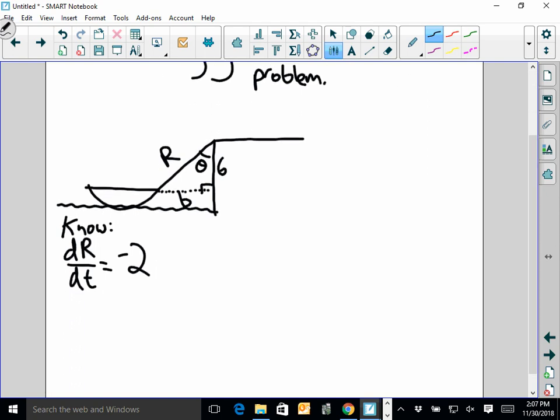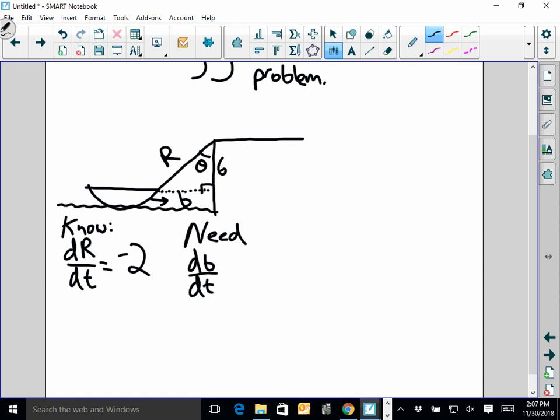This boat is traveling towards the dock, so to know how fast it's going, that's the rate of change of B. So we need dB/dt. dB/dt should also turn out to be negative in this problem because if we're getting closer to the dock, B is going to be shrinking. Now, for the speed, we'll just report the positive number, right? But we want to know how fast that B side of the triangle is getting smaller.